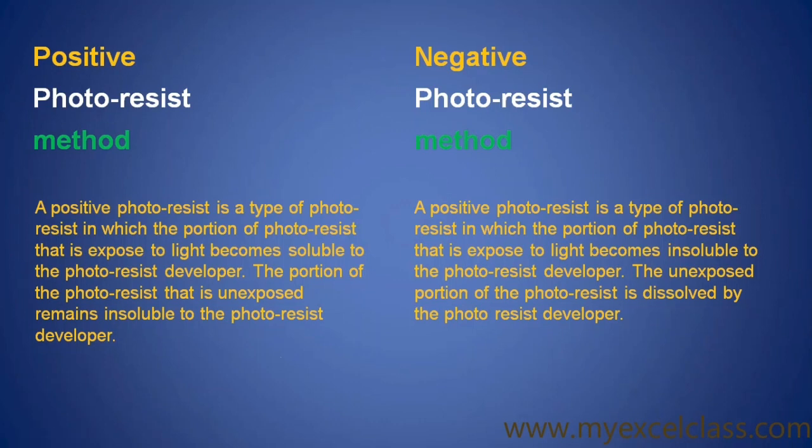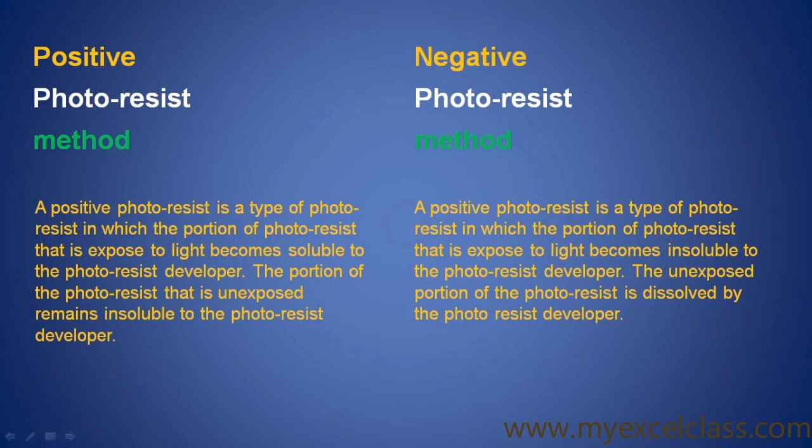First, to understand it, there are two types of photoresist methods. The first one is positive photoresist. A positive photoresist is a type of photoresist in which the portion that is exposed to light becomes soluble to the photoresist developer.